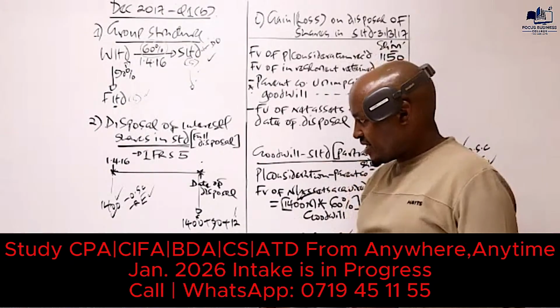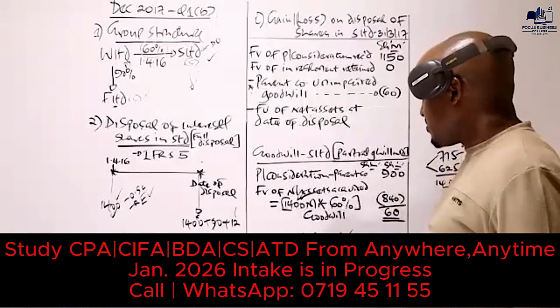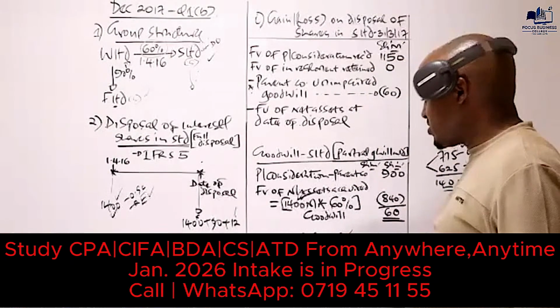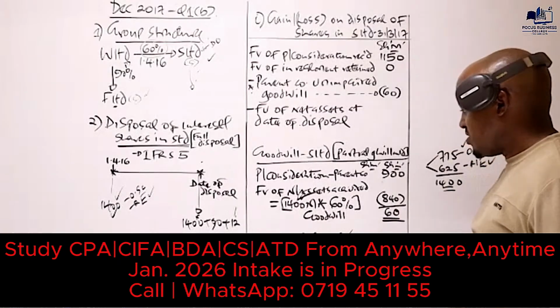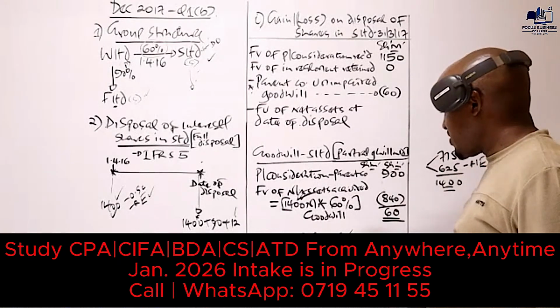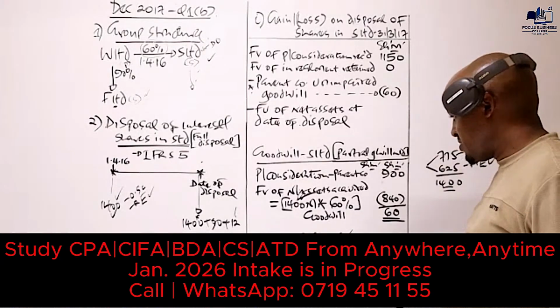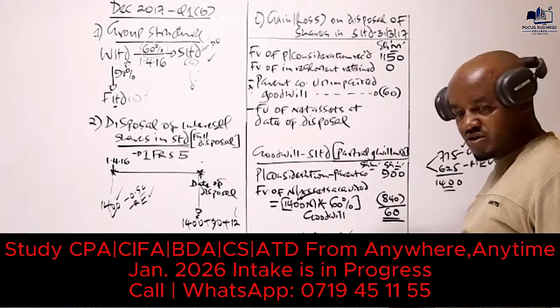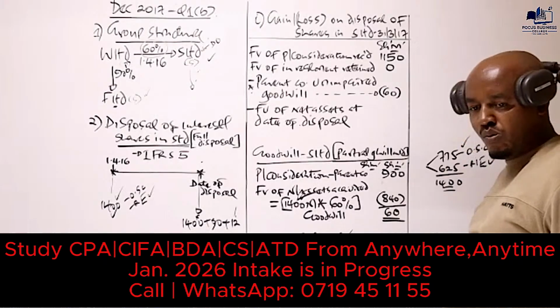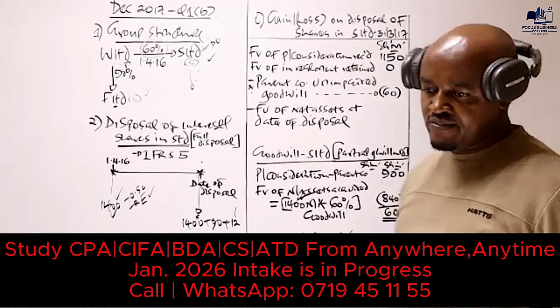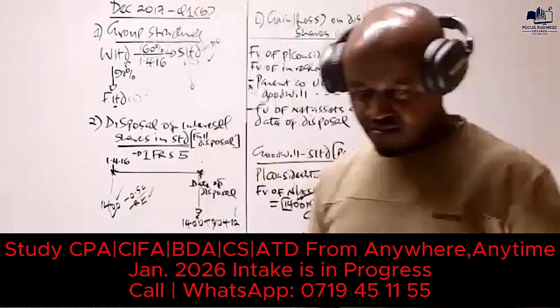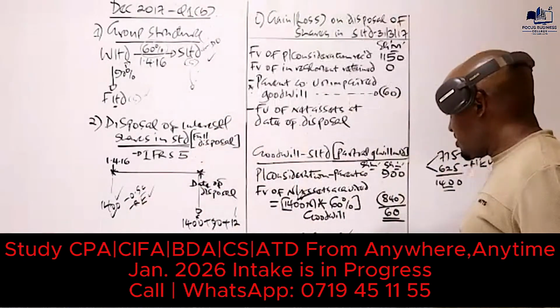So the net asset at the end of the year will be 14 plus the profit for the year plus the revaluation gain, or the revaluation reserve. This will give us an amount of 1502.